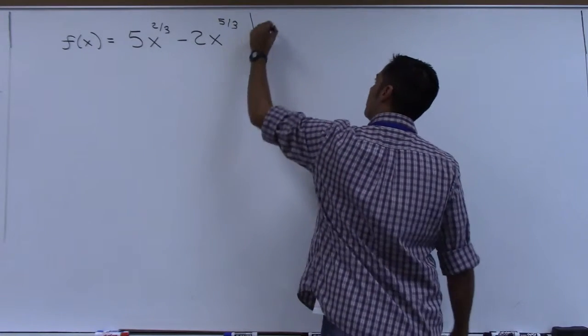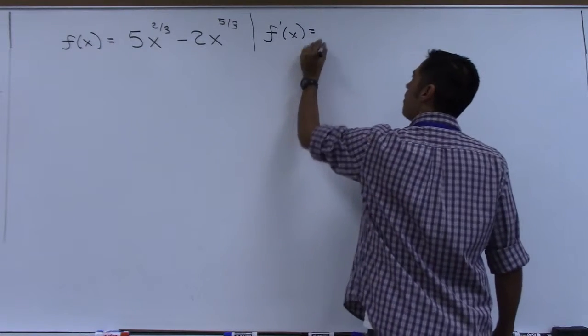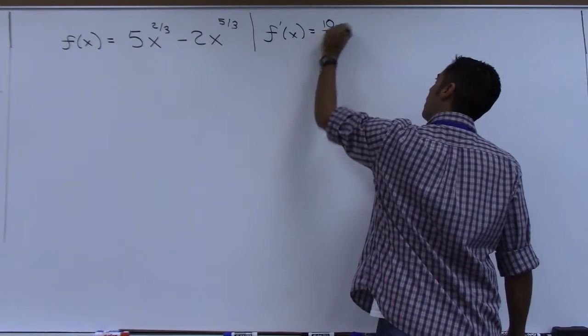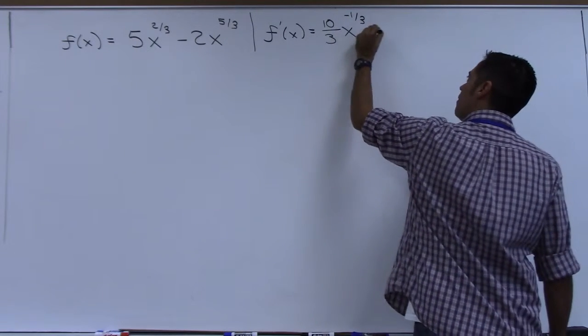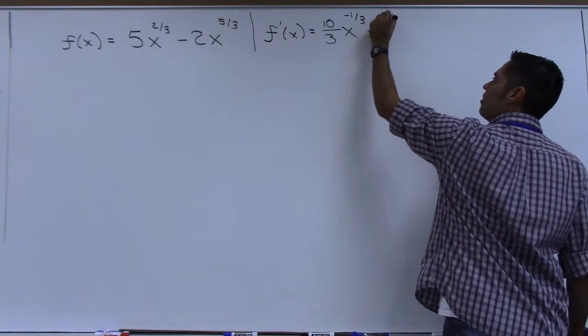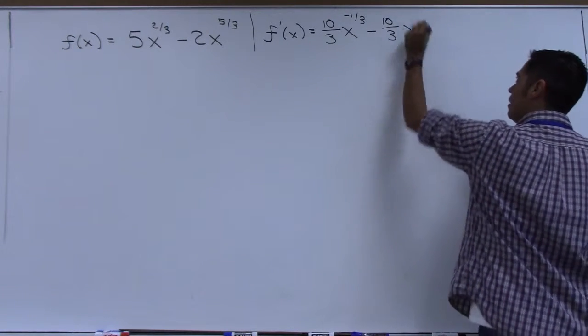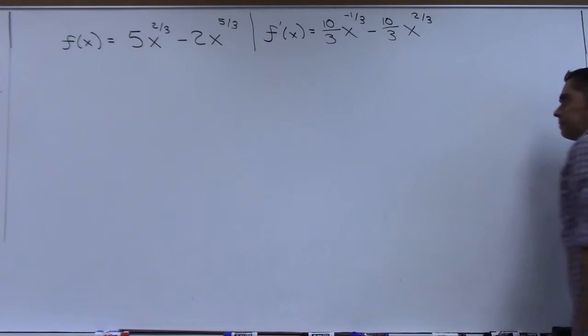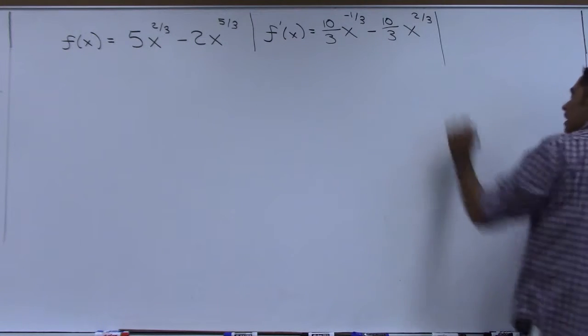So what's the derivative of this? 10/3 x to the negative 1/3 minus, is that 10/3 again? Yeah, 10/3 x to the 2/3. And then I take the derivative of that again.